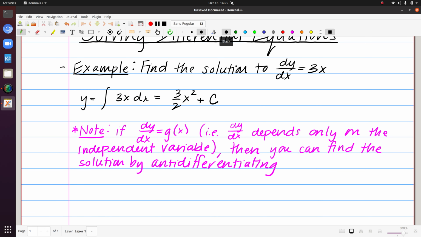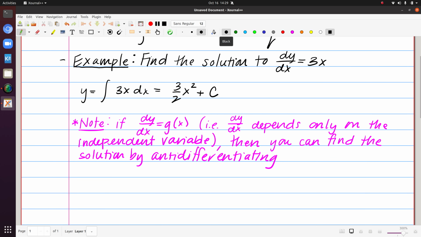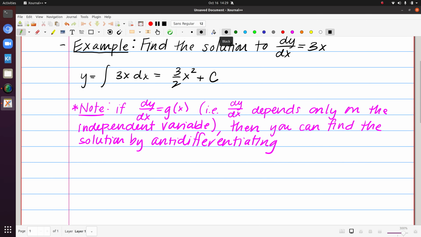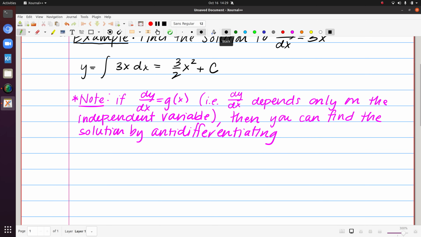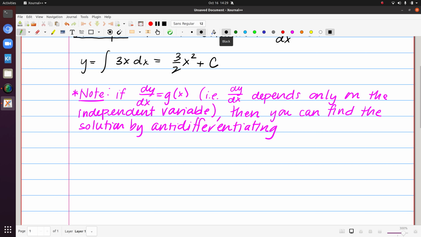But importantly, that doesn't allow us to solve for all differential equations. As soon as we start to involve the dependent variable, we're no longer going to be able to rely necessarily on this idea of integrating. So for a very different example that does not fall into that category, let's suppose that we're asked to solve dy dx equals y.